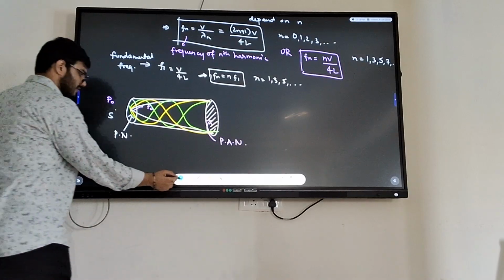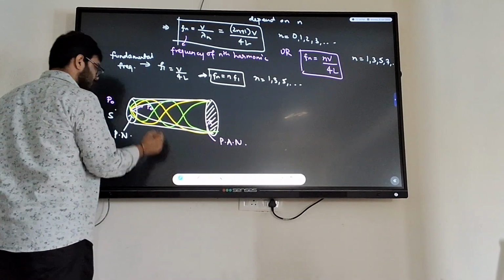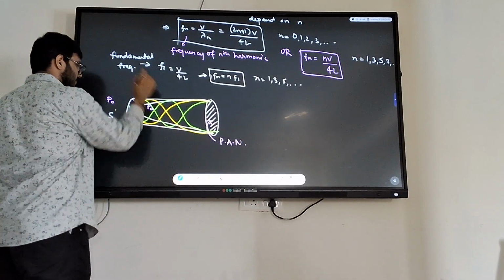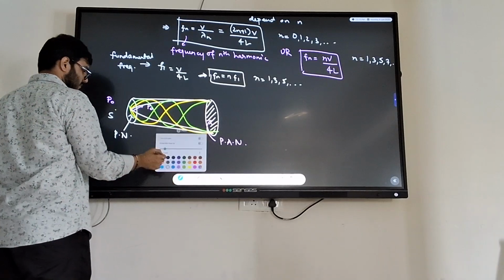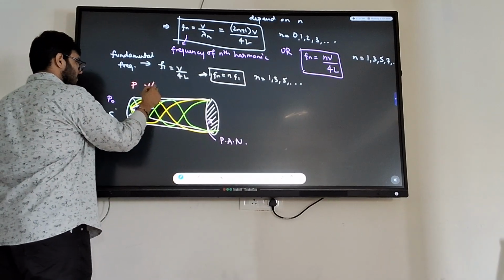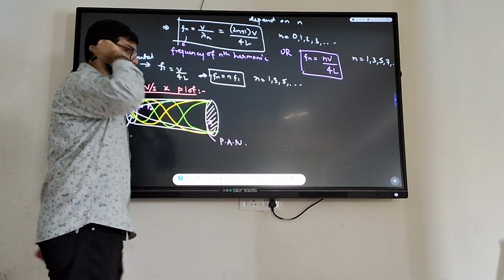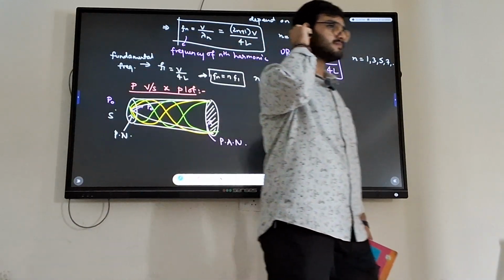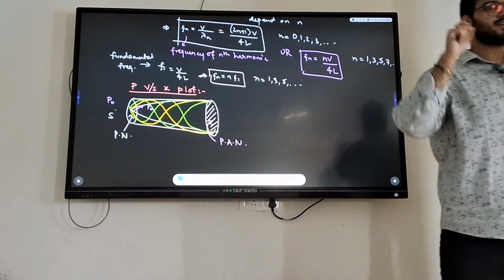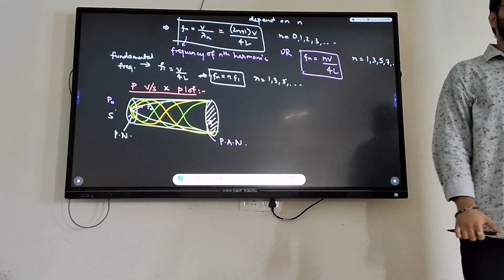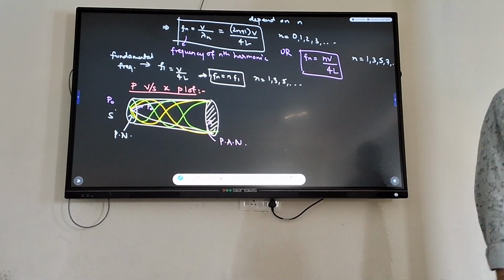This is my P versus X graph. It's exactly opposite. Do you get it, for those who are trying to understand?